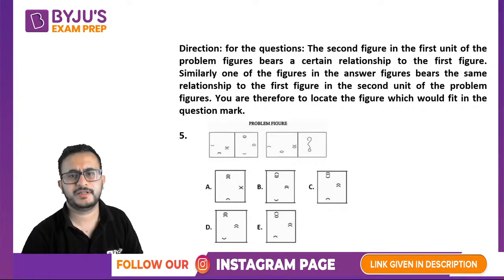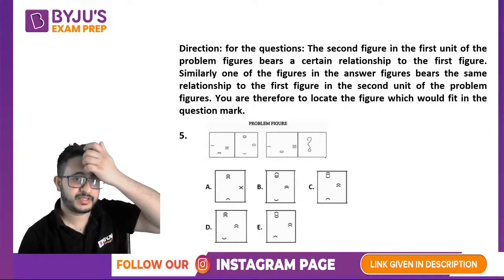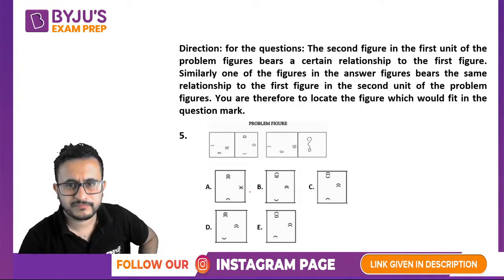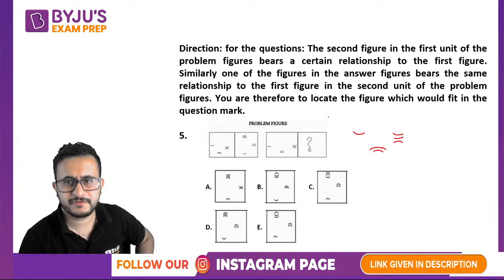Okay, so in this figure, we have to make the analogy. This figure does not look very clear to me. So in the first figure, one is this. There are two lines like this, three lines like this. This is the first figure.